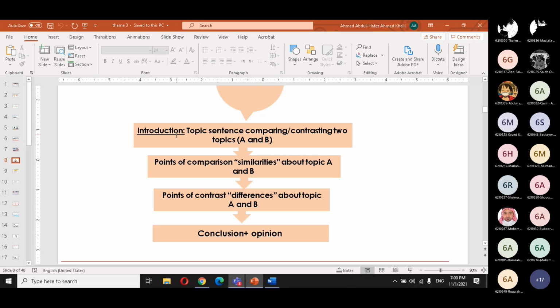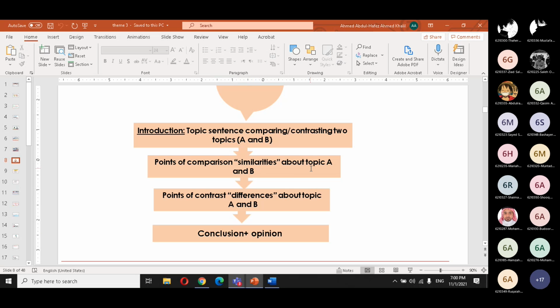Okay, in all cases, you need to write an introduction. After the introduction, you write a paragraph about similarities. And then you write a paragraph about differences. And then you put conclusion and your opinion.